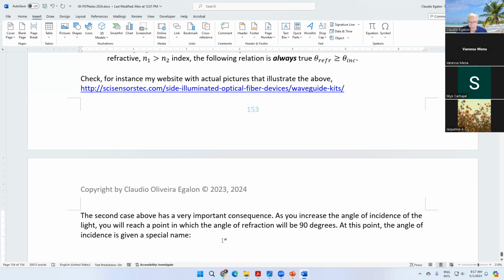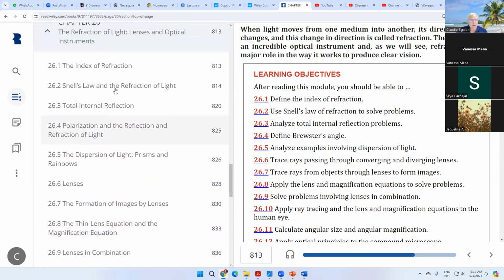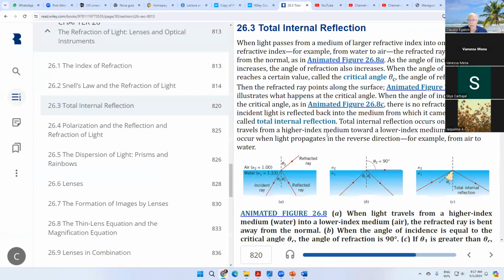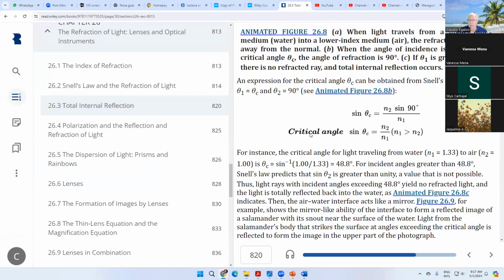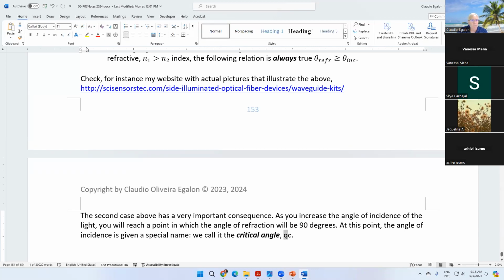We call it the critical angle. I'm going to abbreviate it by theta C.